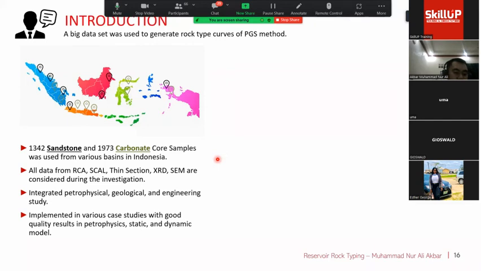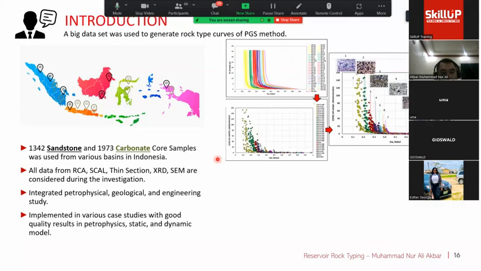From here, the study integrated petrophysical, geological, and engineering studies, and tried to implement it in the petrophysical static and dynamic model as well. For example, in 2017, she created how the capillary pressure can be distributed in each rock group.